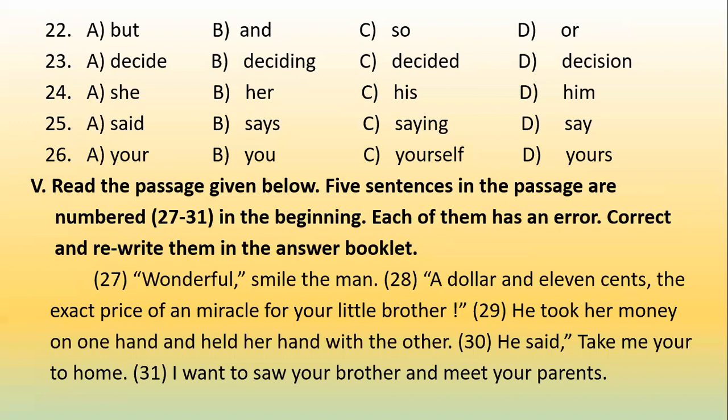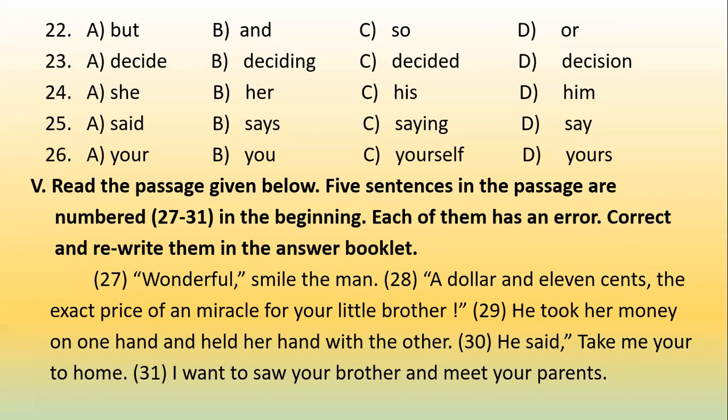Wonderful. So 27 number you have started. So 27. Wonderful. Smile the man. So what is the error over here? It is already over, so we have to write smiled, the past tense. So wonderful, smiled the man. $1.11, the exact price of a miracle for your little brother.